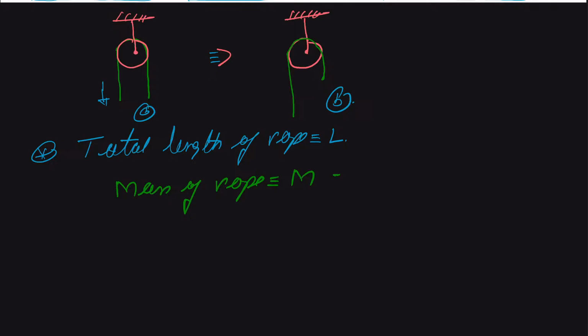And from here let us calculate the linear mass density. Linear mass density, that's lambda, will be equal to the total mass over the total length. Okay.